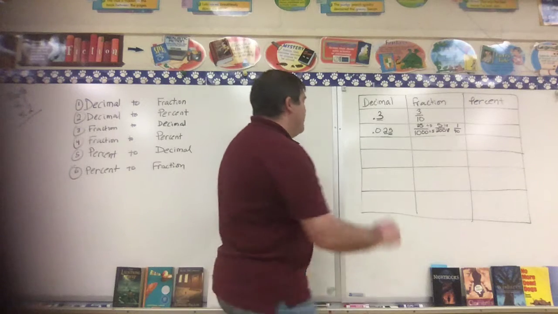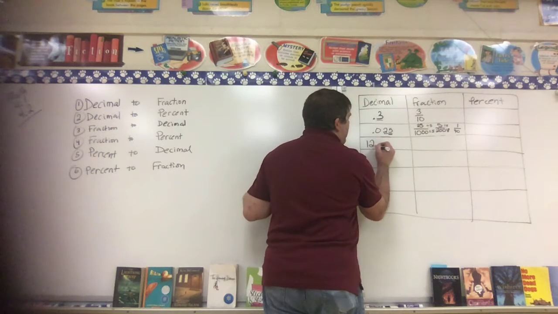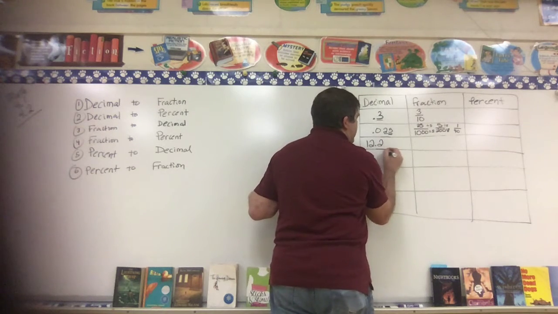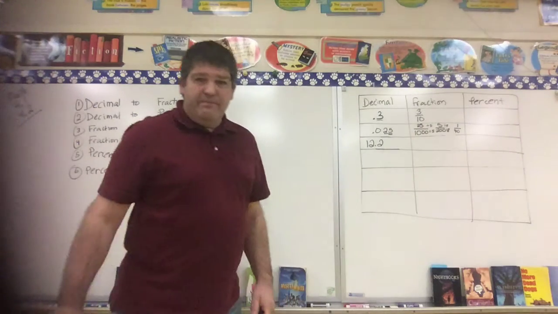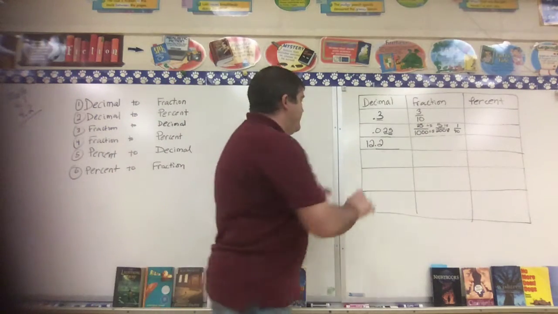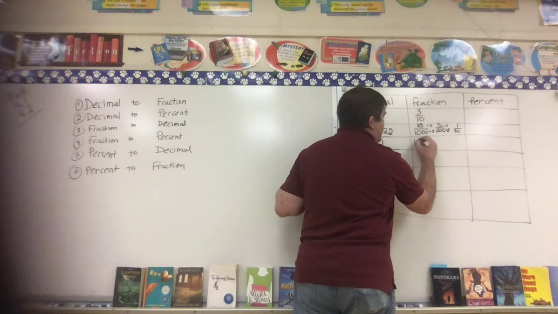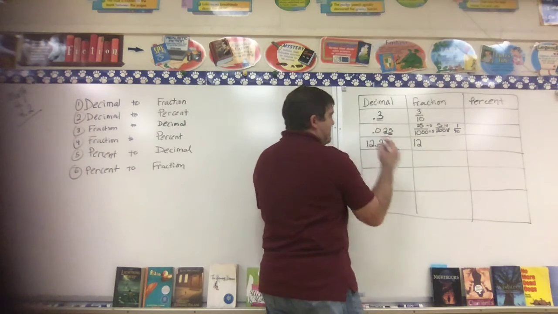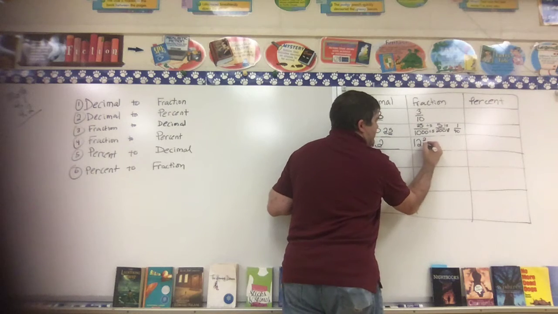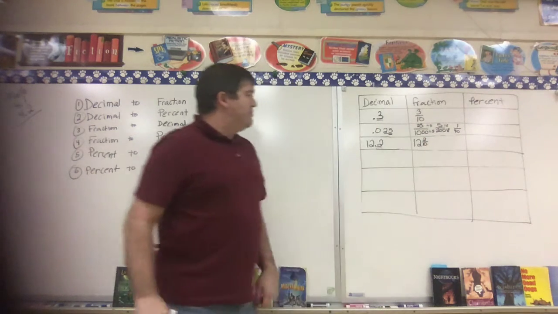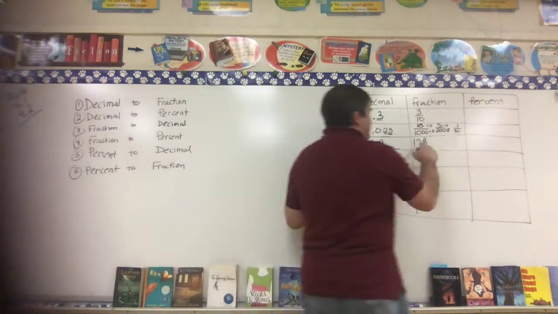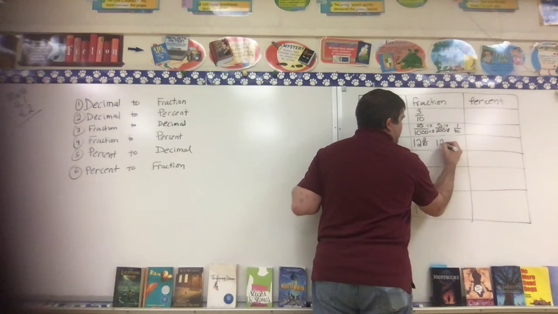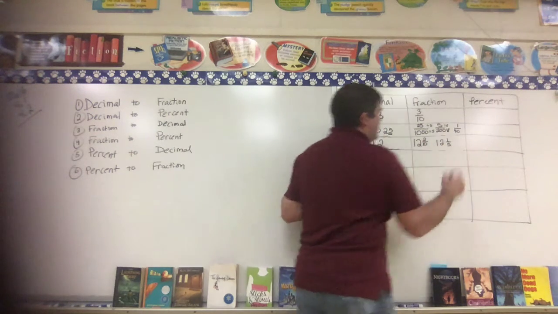Or it could be more. It could be a lot. It could be 12.2. So I say that this is 12 and 2/10. Now the 2/10 I can simplify. 12 and 1/5.